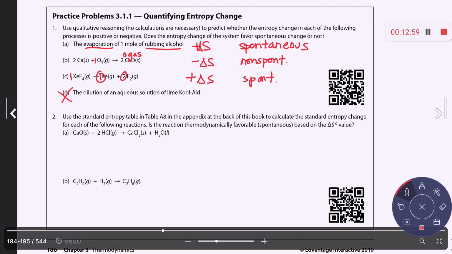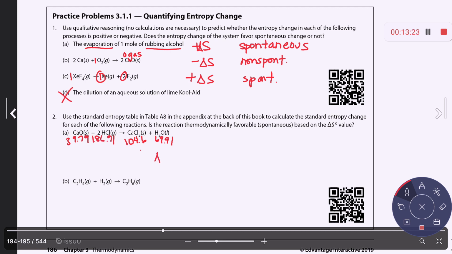Use the standard entropy table in the back of the book to calculate the standard entropy change for each of the following reactions. Okay, so in the back of the book, CaCl2 and H2O have these values. And then CaO and HCl have these values.